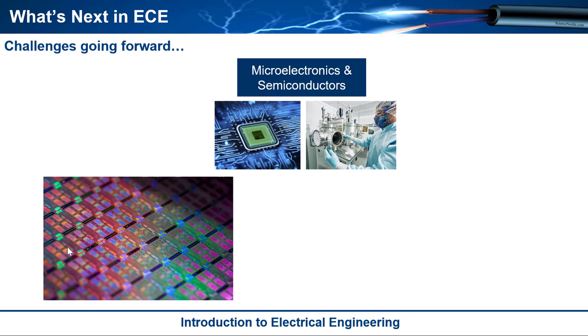The yields are low. You're spending billions of dollars to bring up these fabrication plants, and it's really, really difficult. And the need for processing is not going away; it's actually increasing. So that's probably the biggest challenge going forward: you're reaching a point where you can't make these transistors smaller anymore, and you've got to figure out a different way to do it.